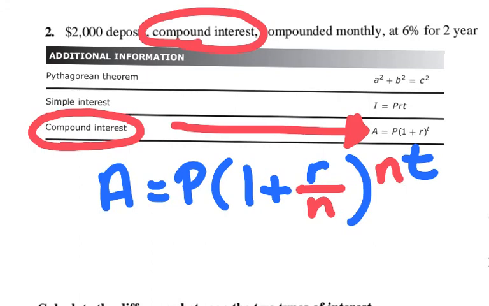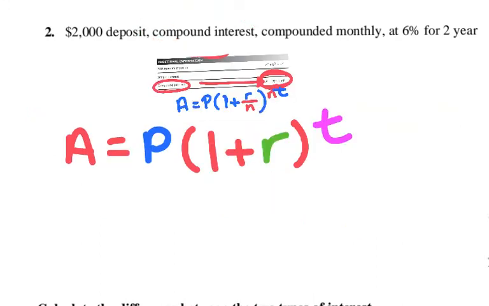Now, because the state is giving us this formula, we are going to go ahead and just use this formula. I'm hoping that it's okay. I've used both formulas and the answers only come out about a $10 difference, if that. So I think we should be okay. I think it's safer to use the formula that's given than to use the actually correct formula that's in your book as well.